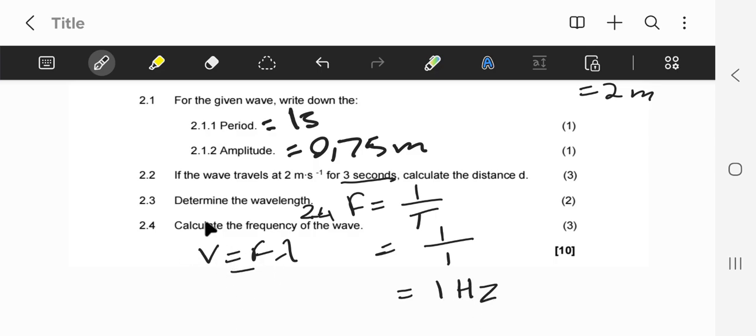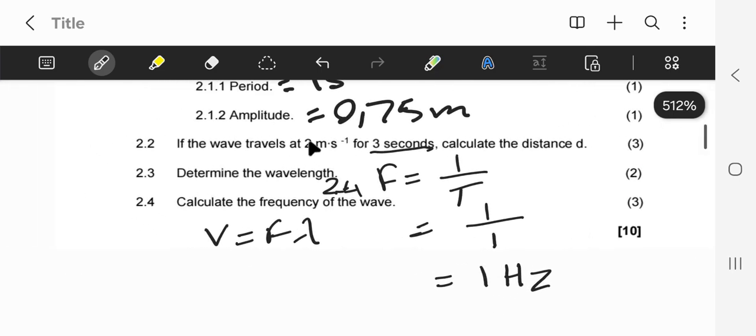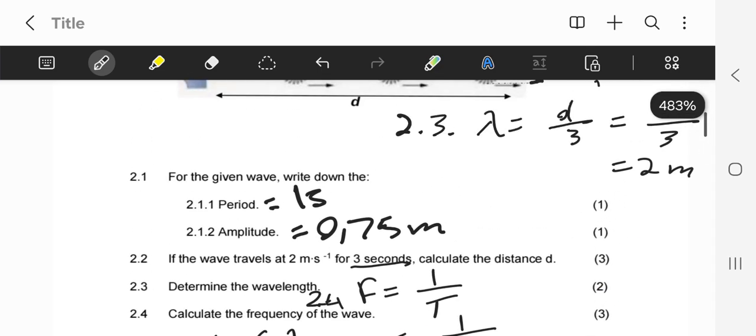Then if I use the second formula, you will remember that we have our speed. Our speed is this one here, right? Our speed is 2 meters per second, equal to frequency, which is what I'm looking for, multiplied by wavelength. What was our wavelength? It's the one that we just found here.